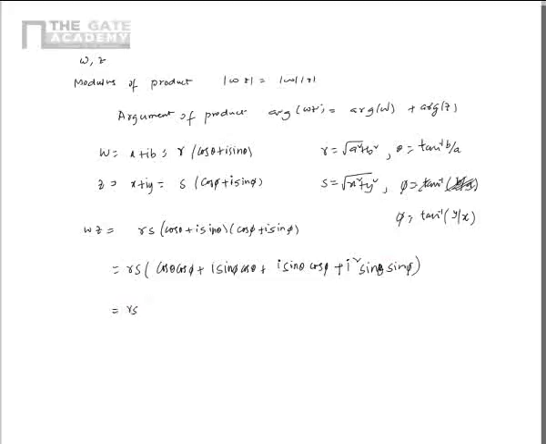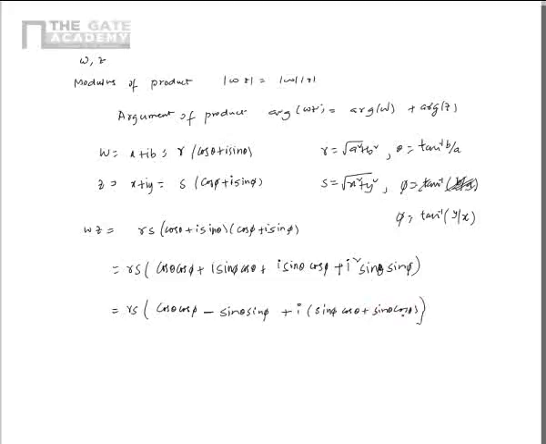So this becomes rs cos theta cos phi, and this i square is minus, so minus sin theta sin phi, and I can write i times sin phi cos theta plus sin theta cos phi.